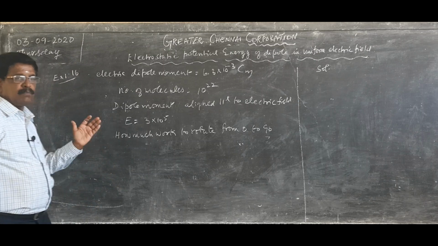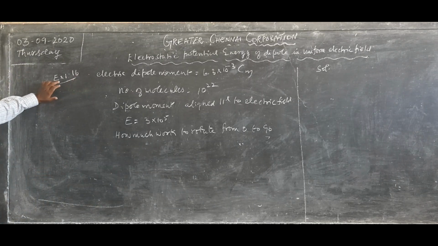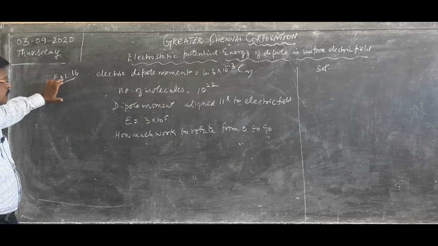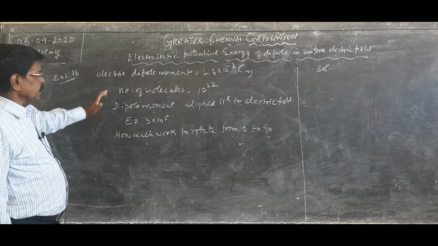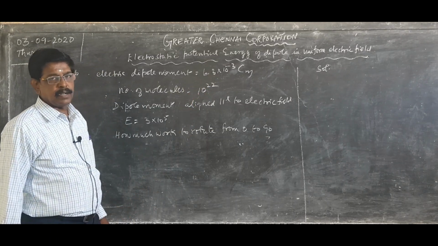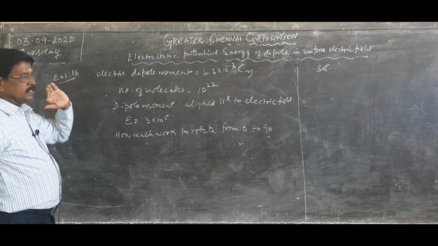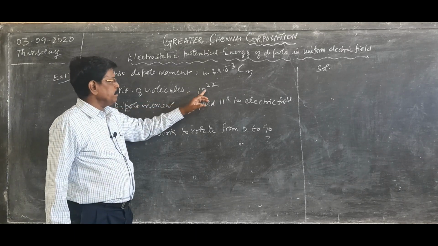Next, the sum regarding the electrostatic potential energy of the dipole, given in example 1.16. A water molecule has an electric dipole moment of 6.3 into 10 power minus 30 coulomb meter. The number of molecules contained in the water is 10 power 22.